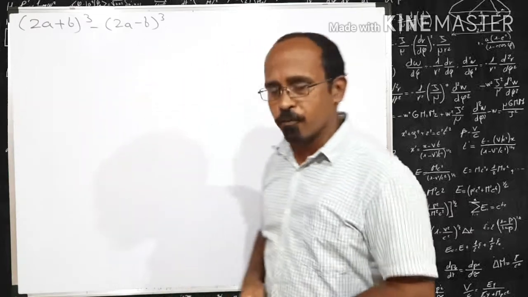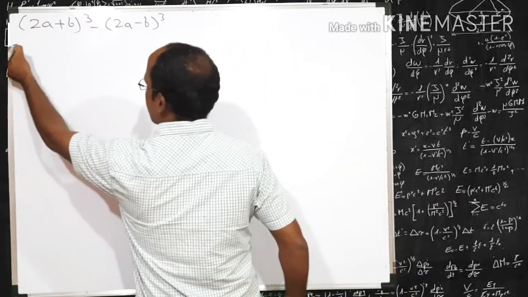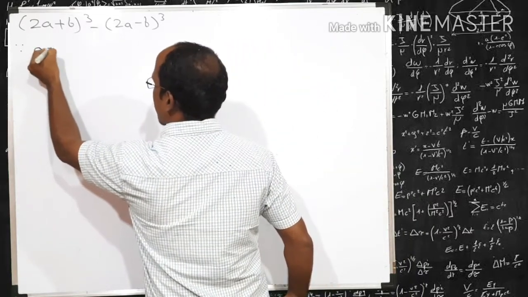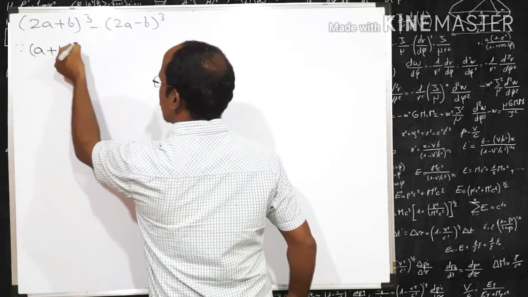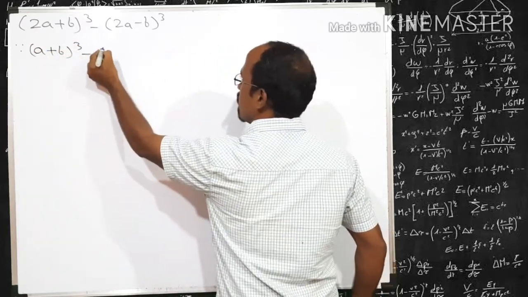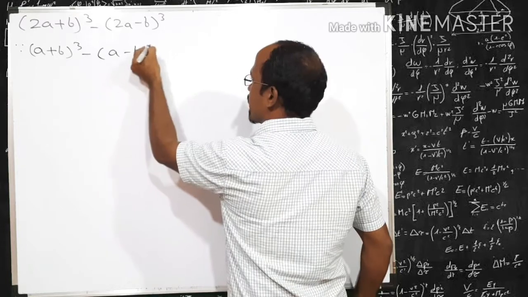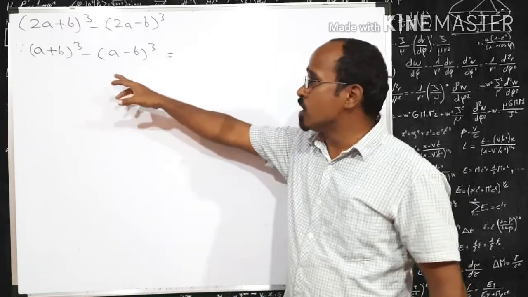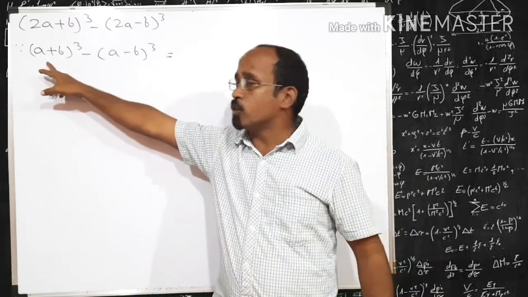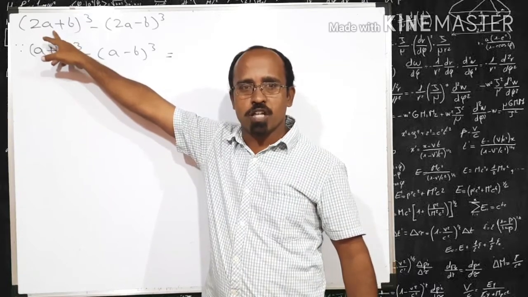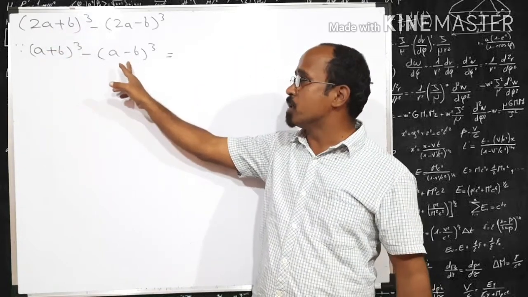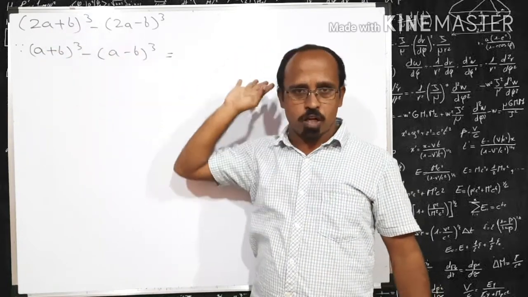So let's write the formula. (a + b)³ − (a − b)³ is equal to. Why have I written (a + b)³ here? Because this is useful for such kind of expansion, and (a − b)³ is useful for such kind of expansion.